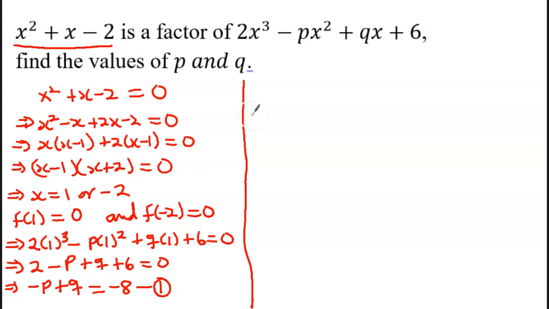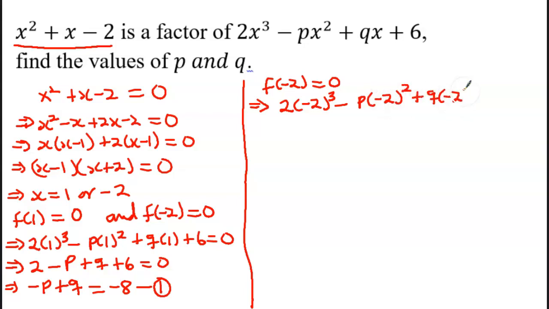Let's generate the other equation. f of minus 2 is equal to 0. So this implies that 2 times minus 2 cubed minus p times minus 2 squared plus q times minus 2 plus 6 is equal to 0.